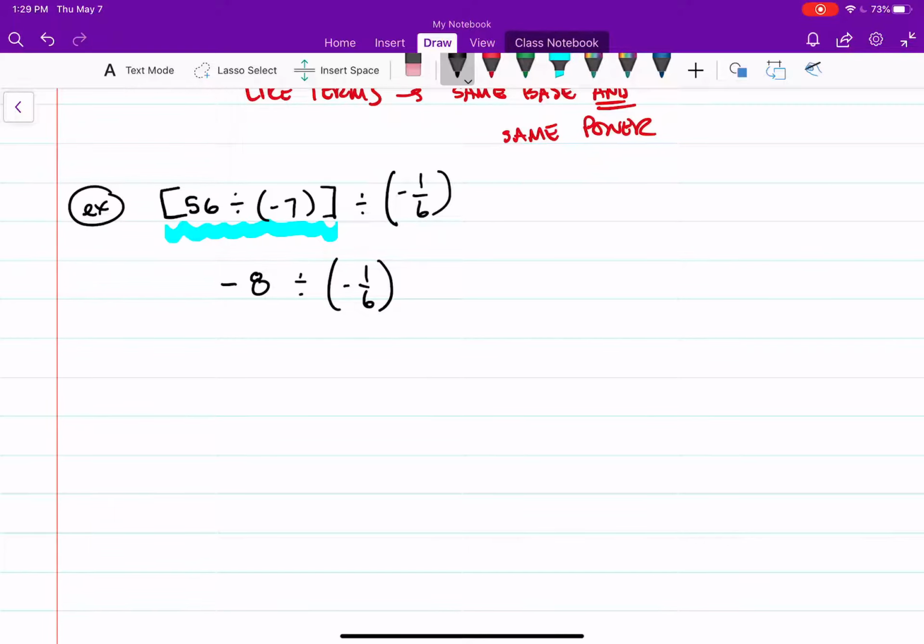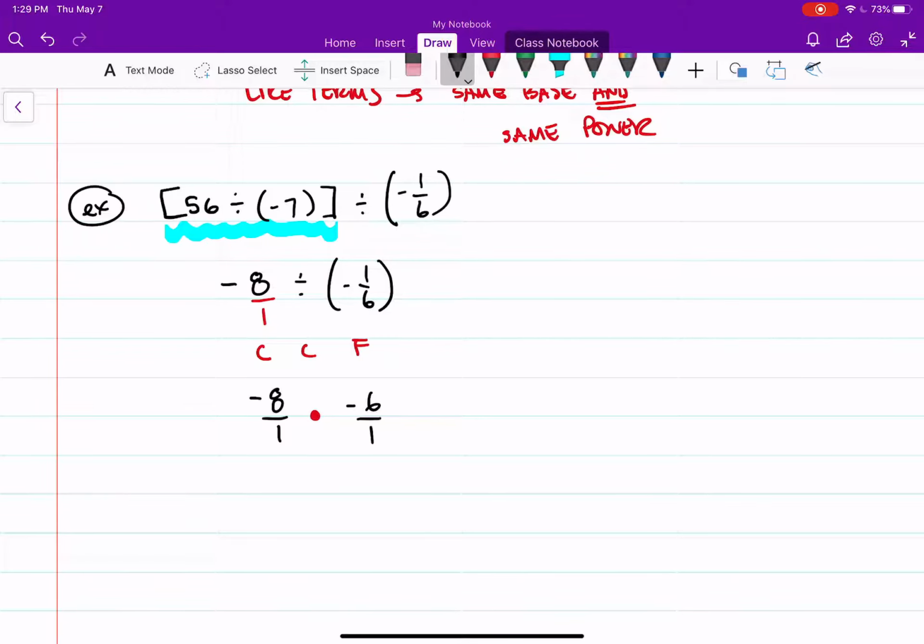-1/6. Okay, all right. So now remember what I said before. I can write any number as a fraction. This is where copy, change, flip comes into play. So I'm copying this, changing division to multiplication, and flipping this one.